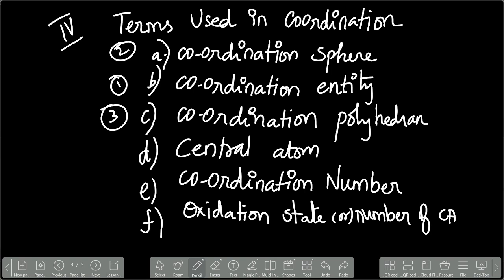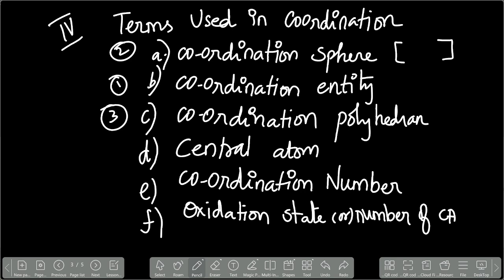Coordination entity means a complex which has metal and ligand. That's all. A complex which has a metal bonded with ligand is called a coordination entity. What is coordination sphere? When a complex is represented in square bracket, it is called the coordination sphere.